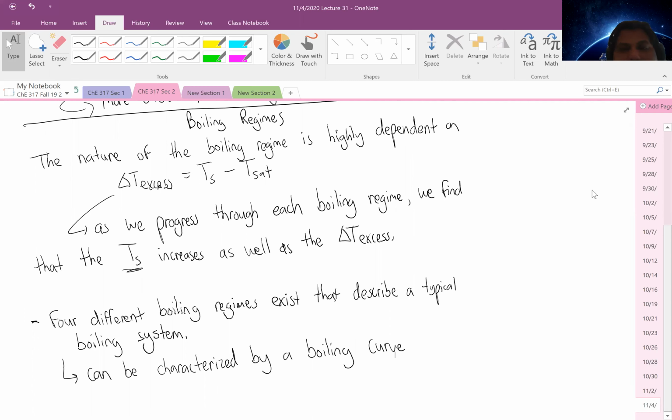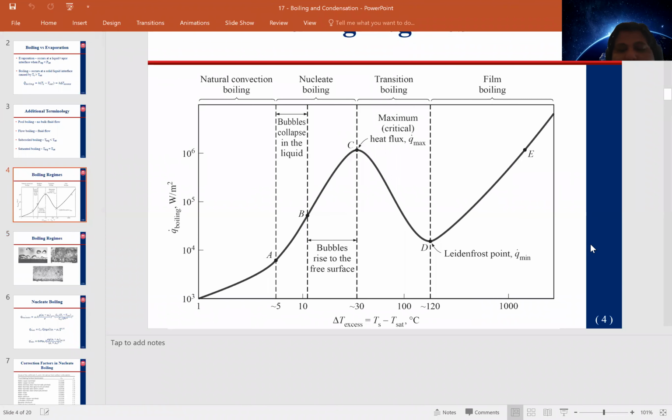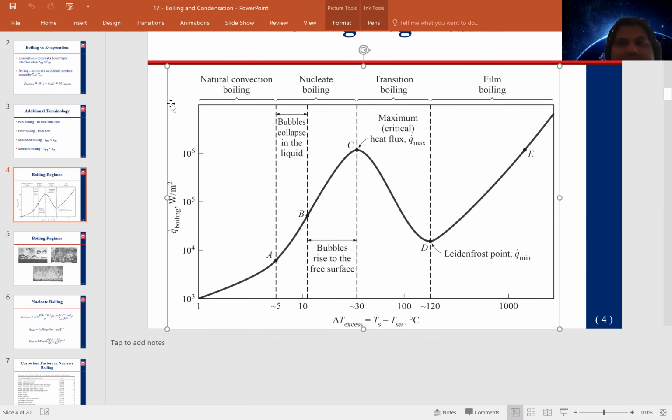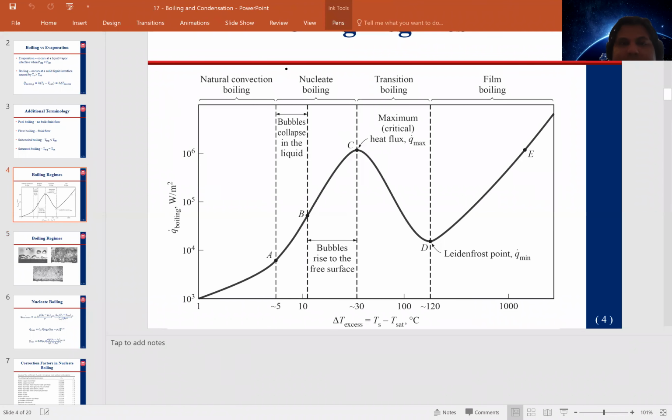All right, so we can look at what a typical boiling curve looks like on slide 4 in our lecture notes. And what we find are the 4 regimes of boiling: natural convection boiling, nucleate boiling, transition boiling, and film boiling.